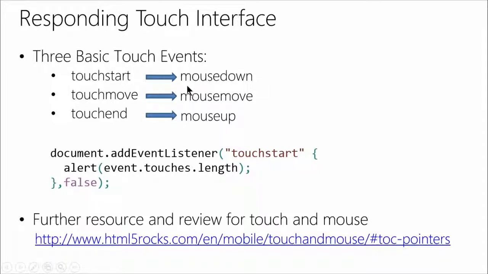So you can test your app just by testing the associated mouse event. But of course you do eventually want to move to a touch device before you actually get it out there, right? But it's just good to know that there is an associated event. Also that we are in a touch-enabled world, right, with devices, but we cannot ignore the mouse.